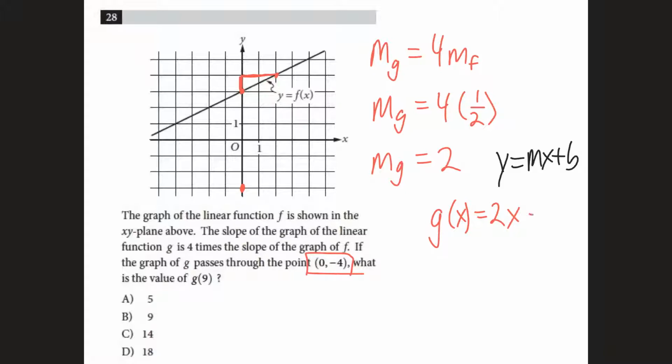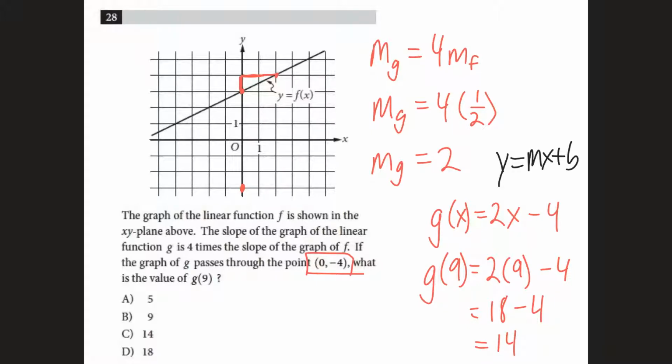So negative 4 must be the y-intercept. Now, all we're doing is figuring out g of 9, plugging 9 into our function, and we see that we get 18 minus 4. That's going to be 14. C is the solution to number 28.